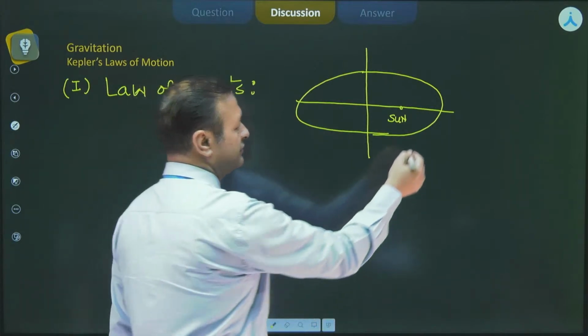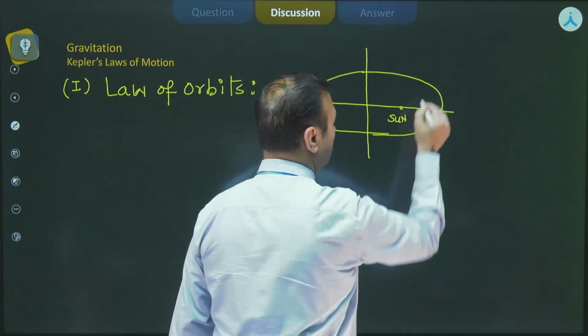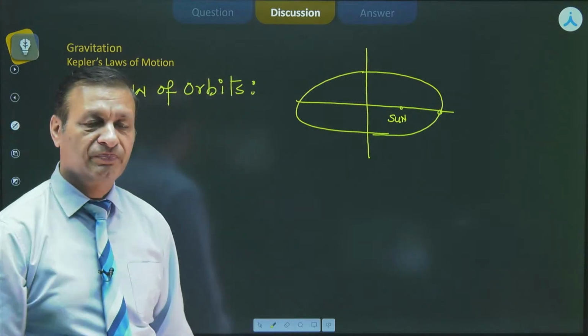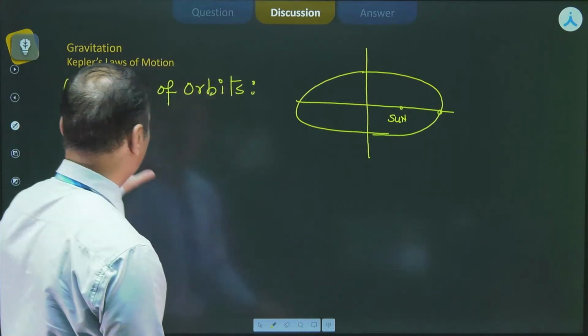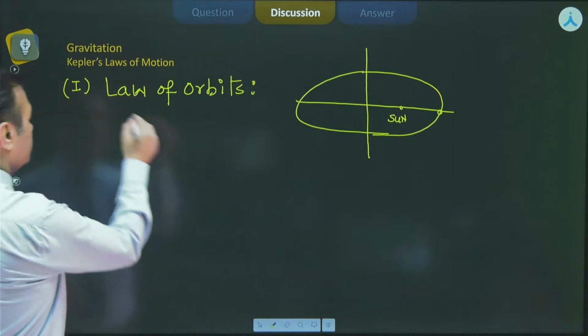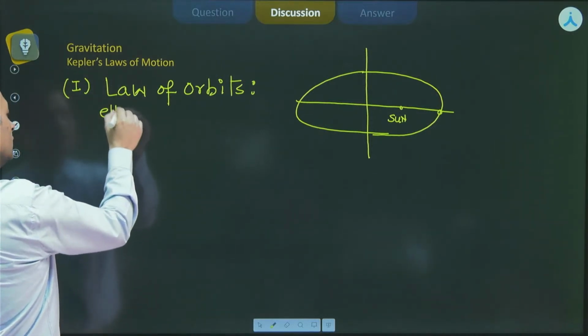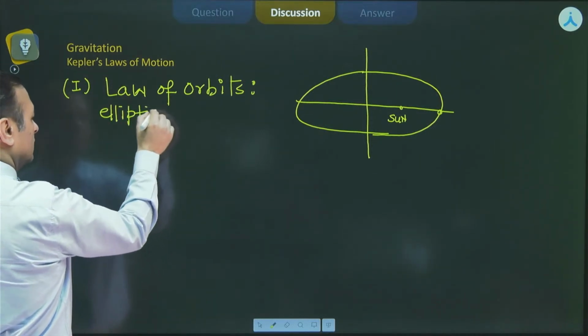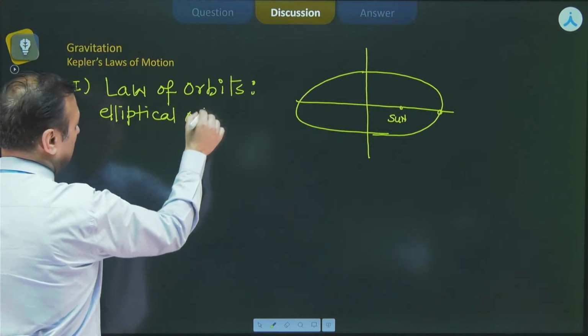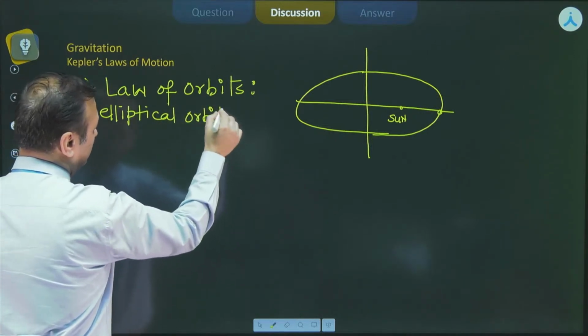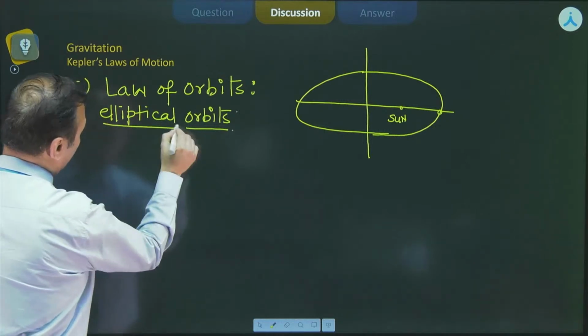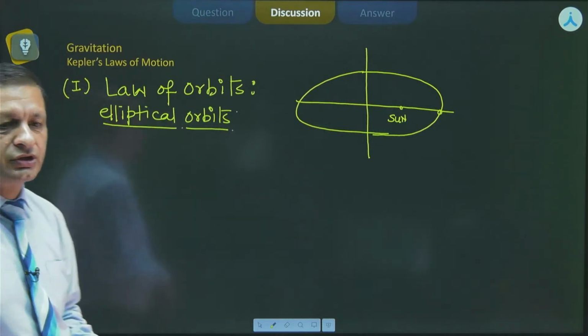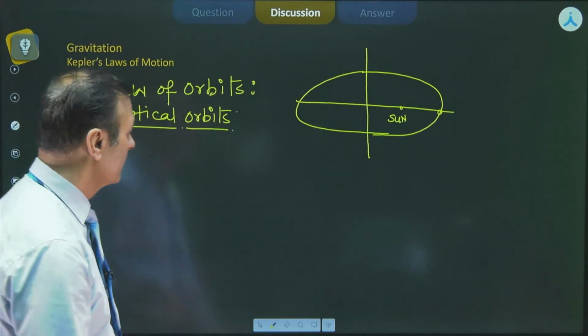All the planets revolve around this sun in elliptical orbits. So this is the law of orbits.